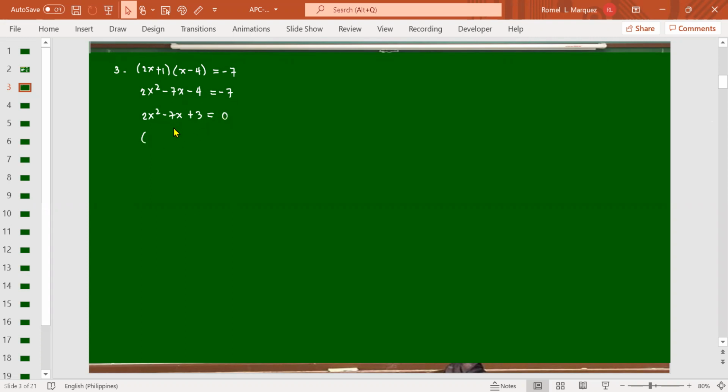So let's try if this is factorable. We have (2x minus 1)(x minus 3). Let's check. -1, -6, that is -7x, +3, then 2x squared. Okay. So these are the correct factors of this left side. Equate each factor to 0.